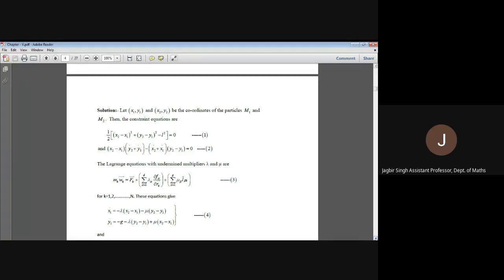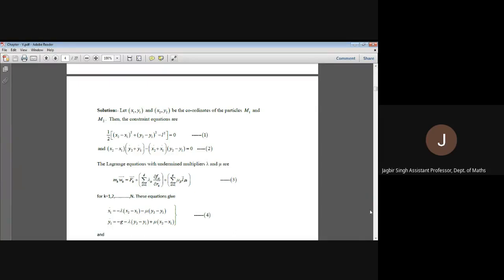If the first equation is clear to you, then can we proceed further? And if you have any doubt, you can ask. Anyone have any doubt? Okay, then I am assuming that everything is clear.